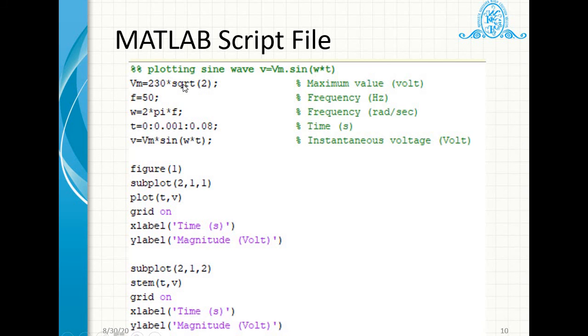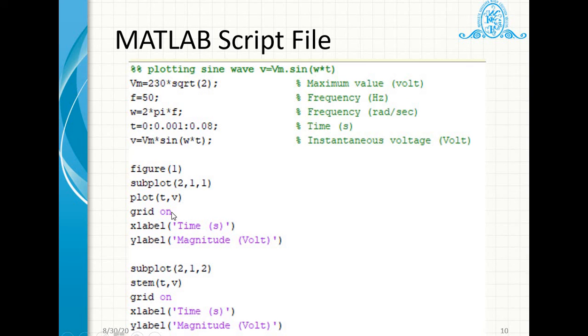After that, once the values are entered, we need to plot this. So plot figure 1, plot the continuous waveform, t comma v. So t is time on the x-axis, v is the voltage, v is given here, right?